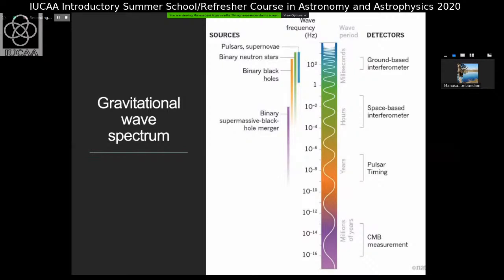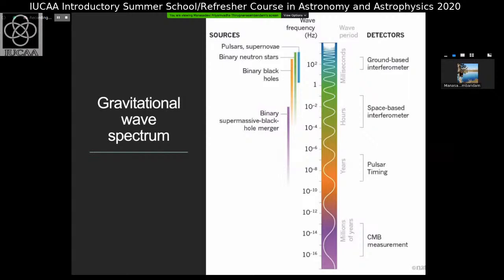What we are more interested in is the ground-based interferometers, and we will be looking at gravitational waves in the frequency of hertz to a maximum of a few kilohertz. That's all the interferometers can detect.